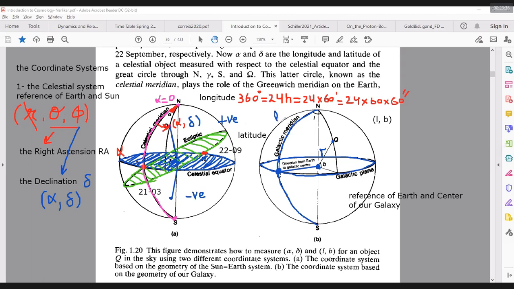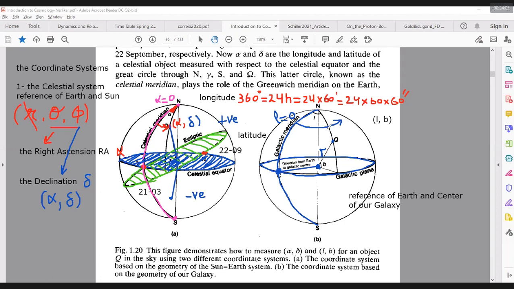That's why the value of this angle for the meridian is 0. And then along the sphere, you move counterclockwise from the top. As seen from the top, you move counterclockwise and keep on increasing the value of the L.